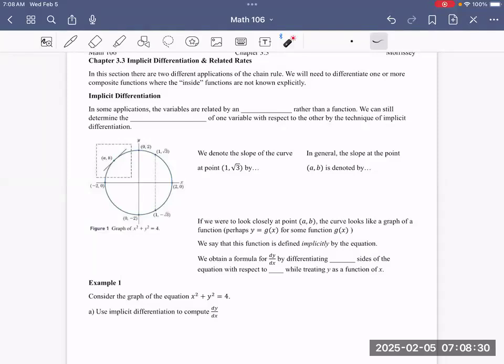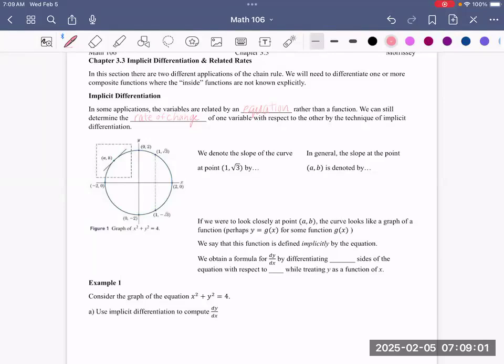Now, implicit differentiation: in some applications, the variables are related by an equation rather than a function. We can still determine the rate of change, your derivative, of one variable with respect to the other by a technique of implicit differentiation.